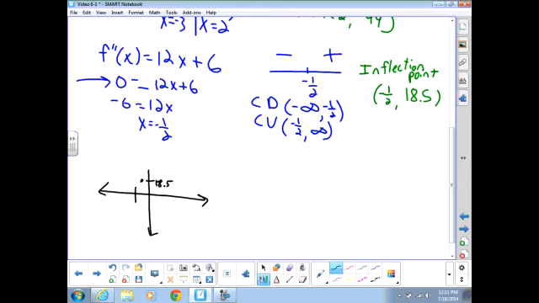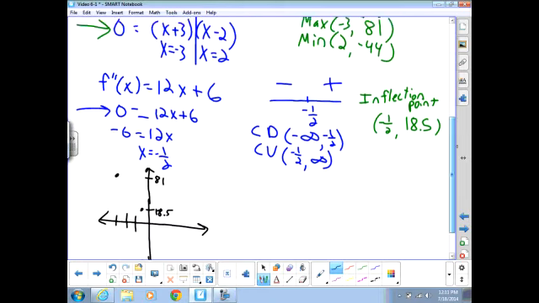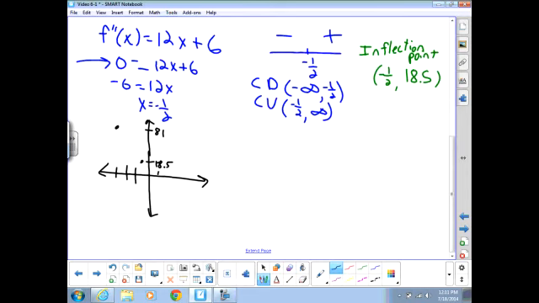So there's negative 1/2 comma positive 18.5. We have negative 3 comma 81. And we had positive 2 comma negative 44.